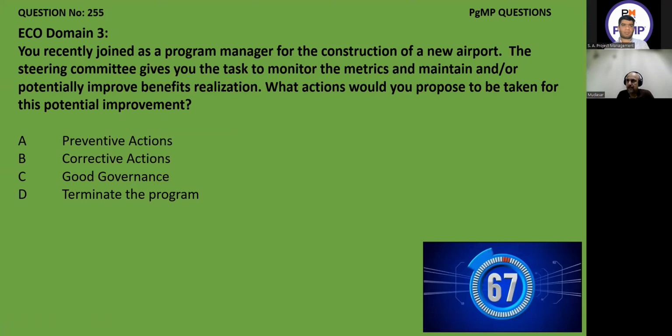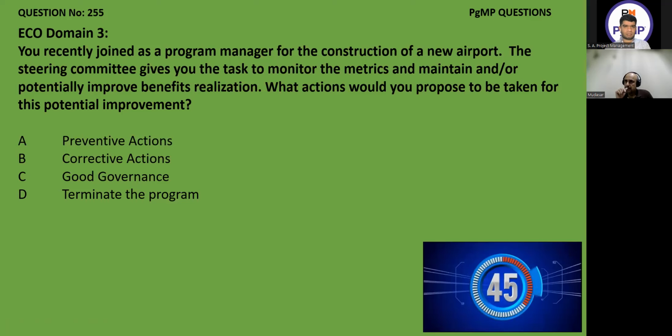You recently joined as a program manager for the construction of a new airport. The steering committee gives you the task to monitor the metrics and maintain or potentially improve benefit realization. What action could you propose to be taken for this potential improvement?